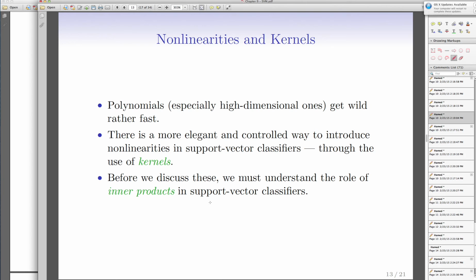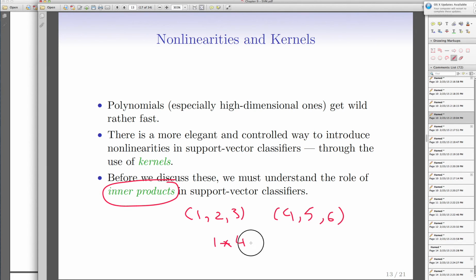And the mathematics behind kernels are inner products. To remind you, the inner product of two vectors, let's say we have these two vectors, 1, 2, 3 and 4, 5, 6, is 1 times 4 plus 2 times 5 plus 3 times 6. That is the inner product of the two.